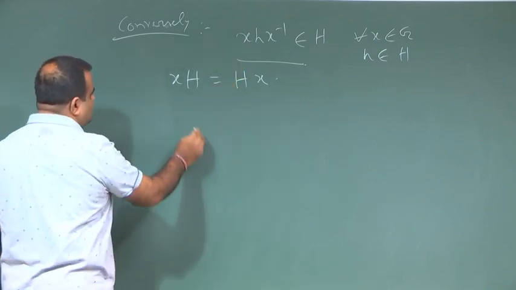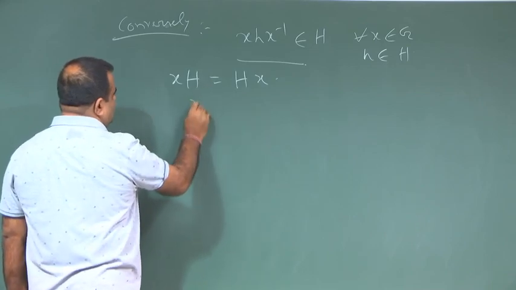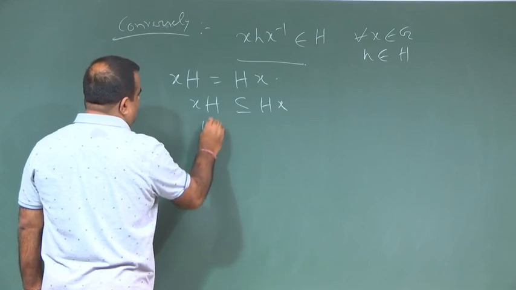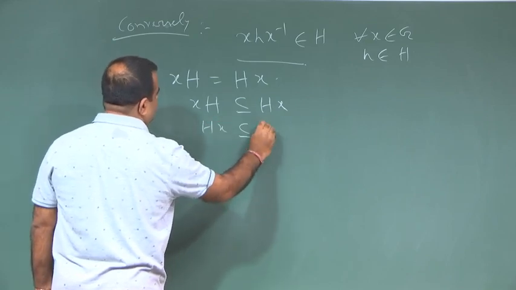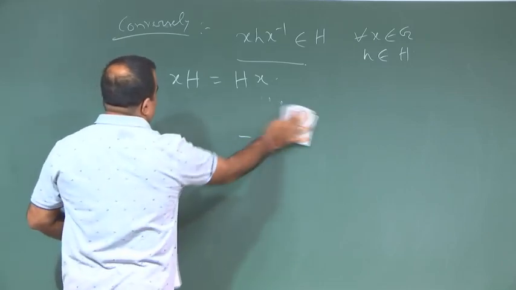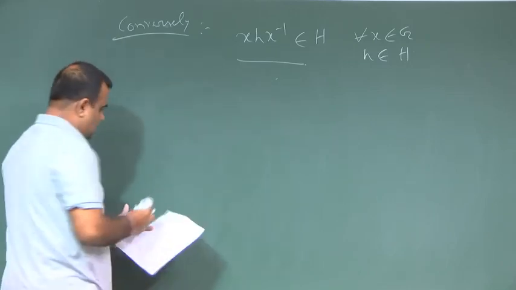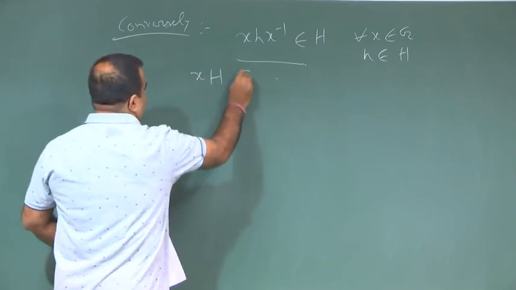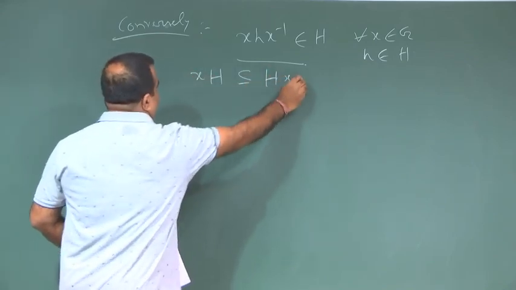So to show this, first of all we have to show xH is a subset of Hx, and then we have to show Hx is a subset of xH, then we are done. So let us first try to show this is a subset of this.